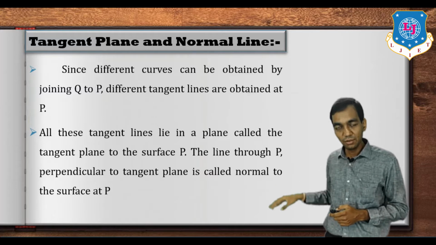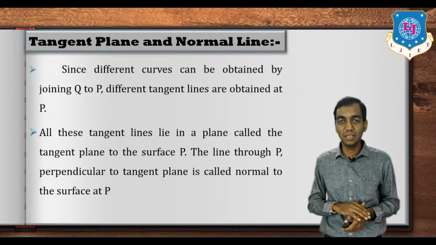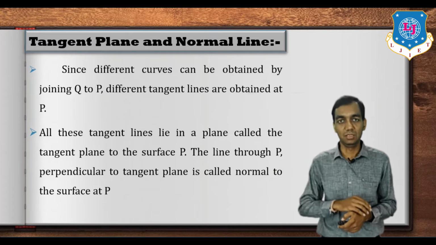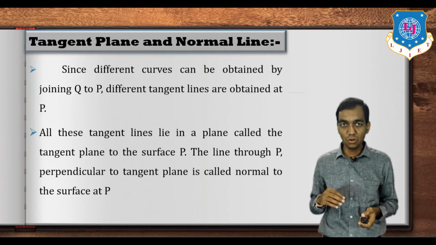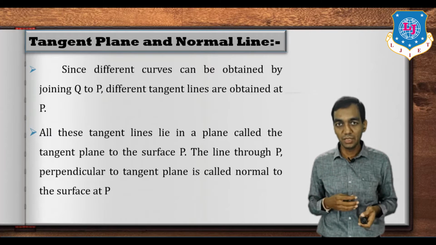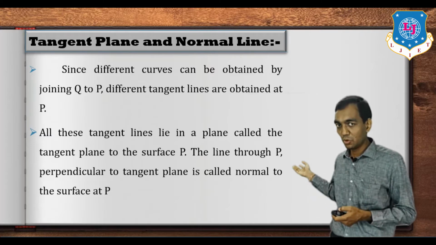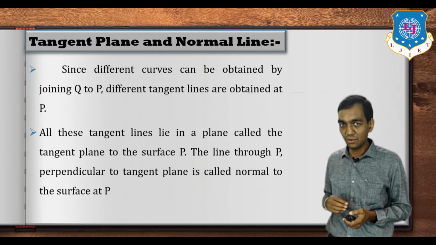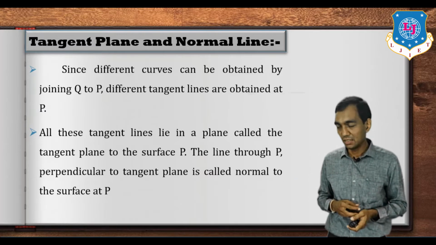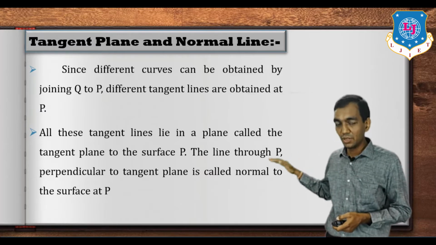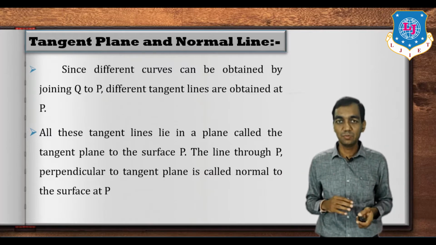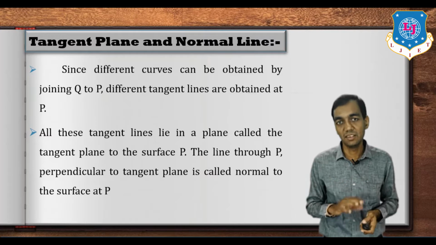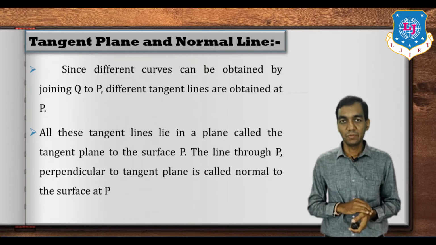Whatever plane we have, that is the tangent plane at a point in 3 dimensions. Since different curves can be obtained by joining the points P and Q, different tangents will be obtained, and as we have seen, for different tangents we have one single plane passing through all of them. This plane is called the tangent plane at point P.